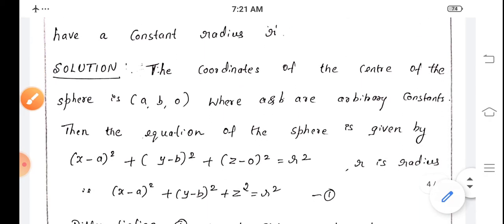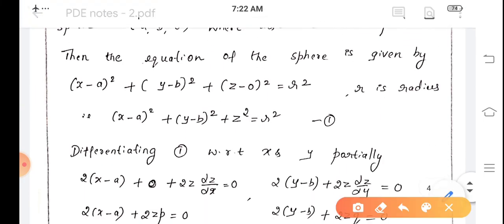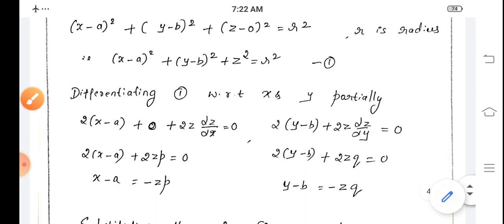Therefore, the equation of the sphere will be x minus a whole square plus y minus b whole square plus z minus 0 whole square equal to r square, since the center lies on the z plane, the coordinates of the center of the sphere are a, b, 0. Now, the equation is x minus a whole square plus y minus b whole square plus z square equal to r square. We'll take it as equation 1.